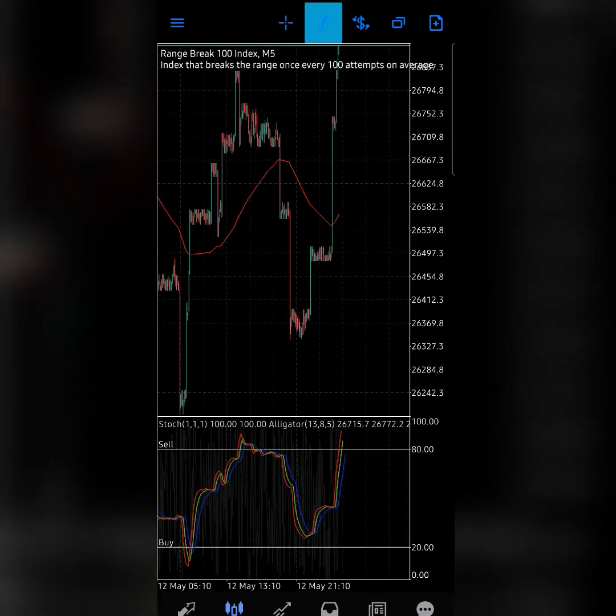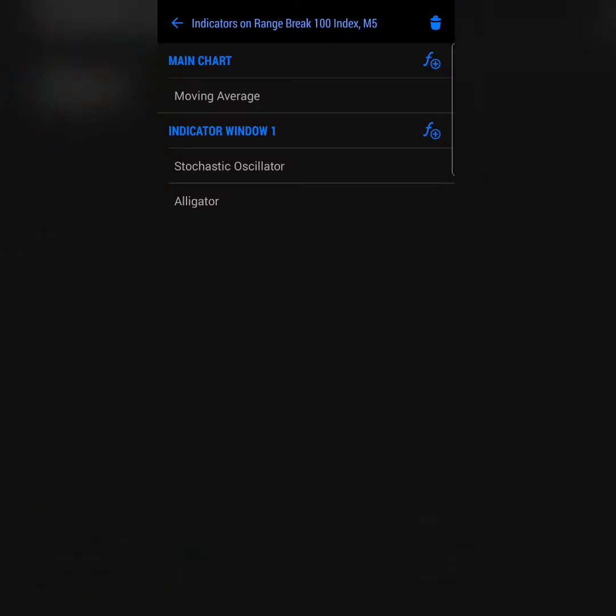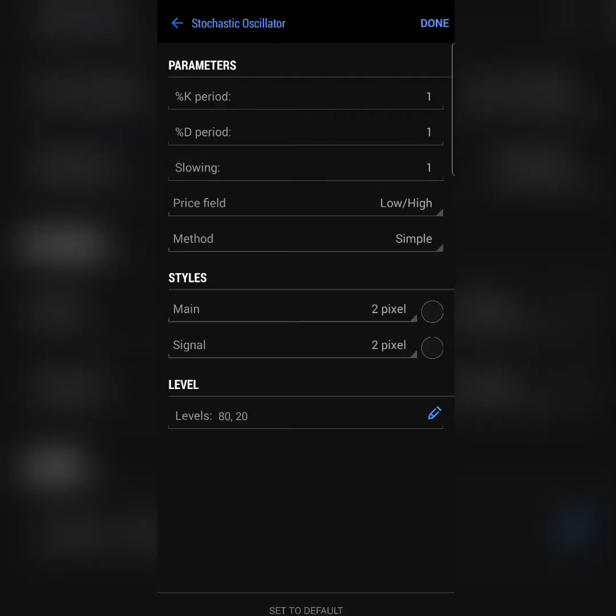So real quick, let me just show you the parameters before any explanation. The first indicator we're going to be setting is the stochastic oscillator. When you click your main chart and click for the stochastic oscillator, this should be your setup. All periods and slowing should be set to 1. Now you have your colors.